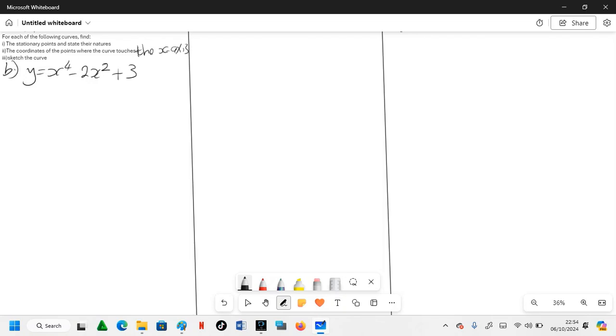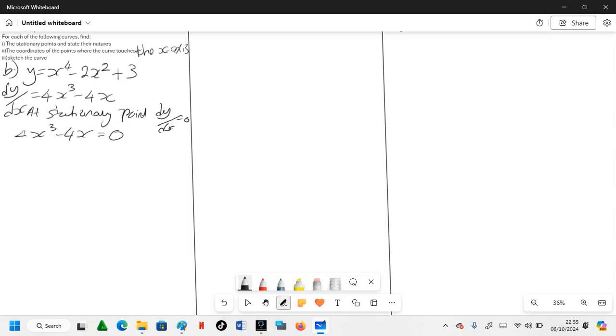Okay, so we get the derivative, dy/dx, going to be 4x cubed minus 4x. Alright, but now I expect that you're very good at this. You can easily differentiate. So we're going to say at stationary point, dy/dx is 0, and therefore 4x cubed minus 4x is equal to 0.